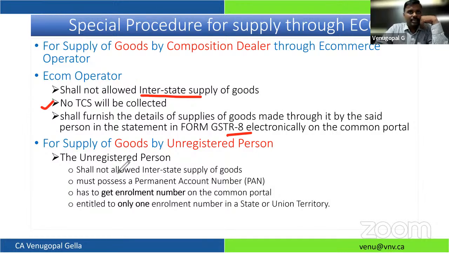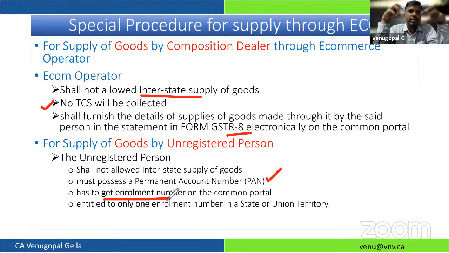What does the unregistered person do? The unregistered person must definitely have a PAN number, a permanent account number, and should also get an enrollment done on the common portal. There is an enrollment form, and you can do as many enrollments against the same PAN as you need, but one state, one enrollment.